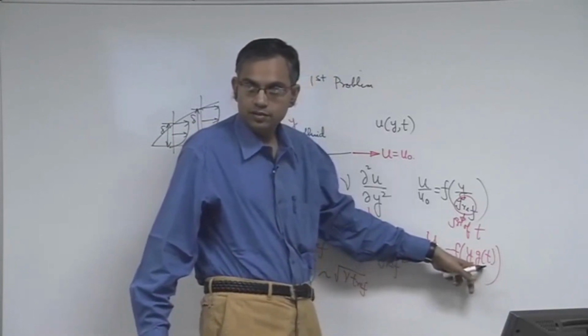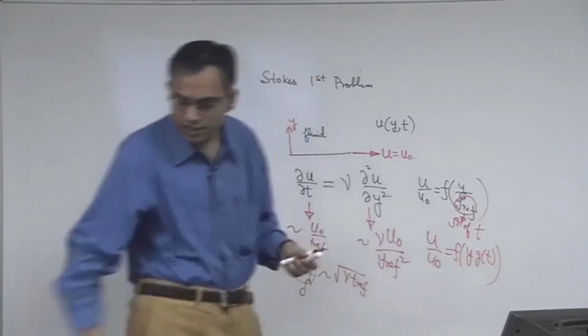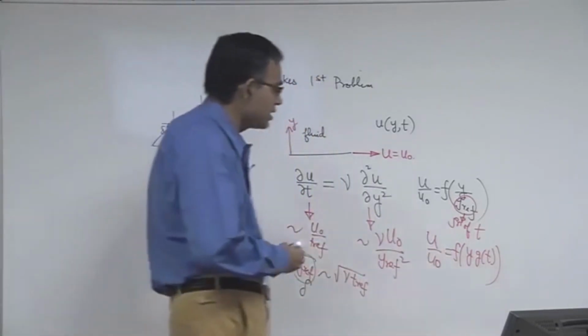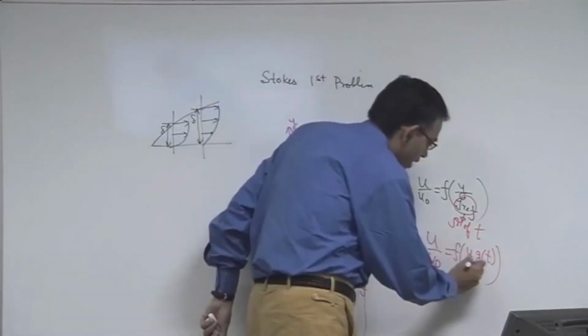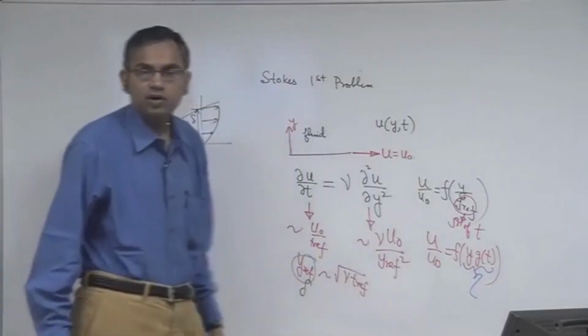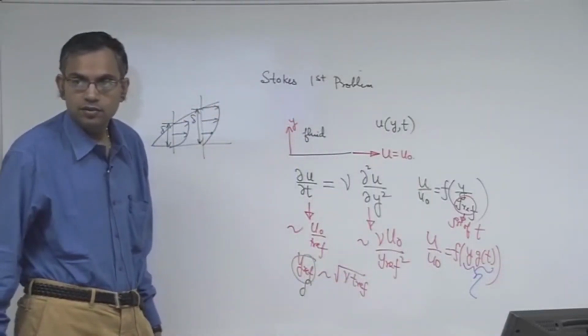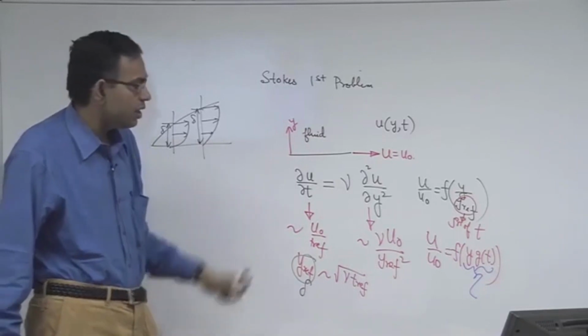Because it is a single valued function of this, we can replace this with a variable eta, which we call a similarity variable, and seek a solution.